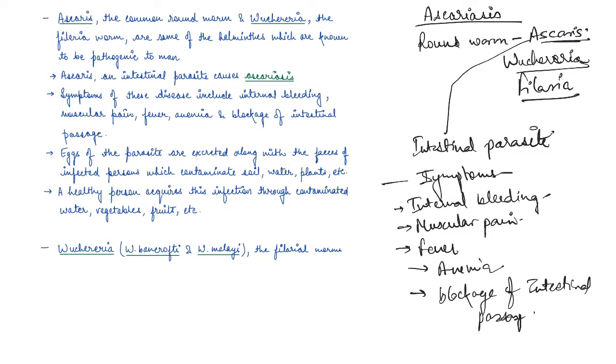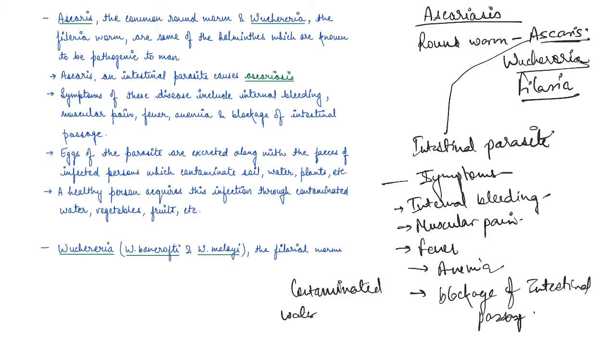And how is it basically transmitted? The eggs of these parasites are excreted along with the feces of an infected person, and those eggs get mixed with the soil. They contaminate the soil, water, plants, and everything that comes in contact with it, right? And a healthy person acquires this infection through, say, vegetables, fruits, or contaminated water, right?